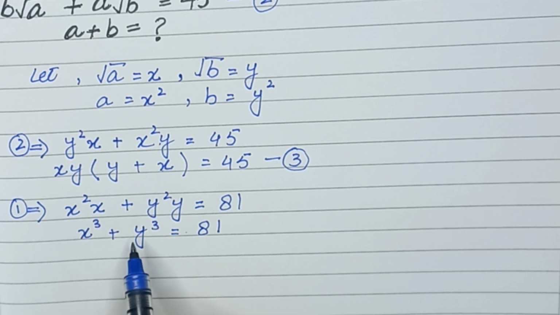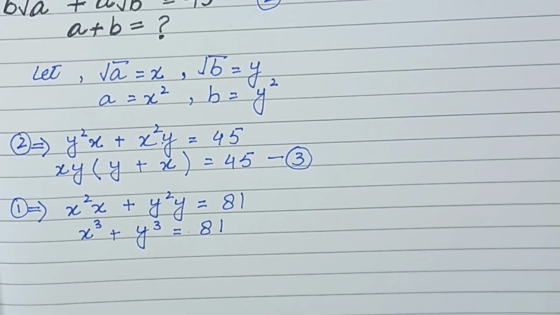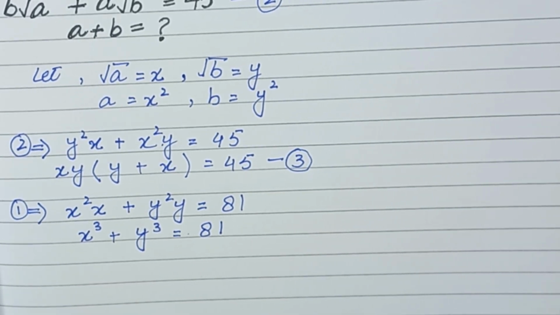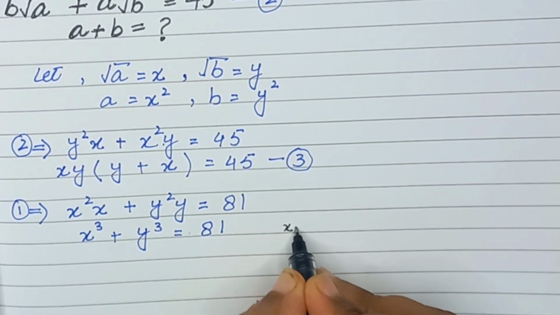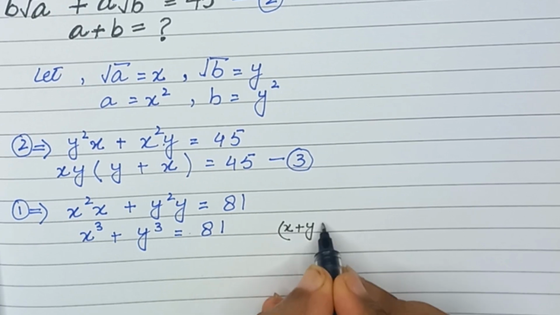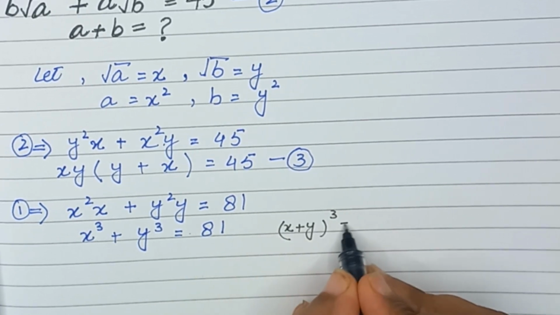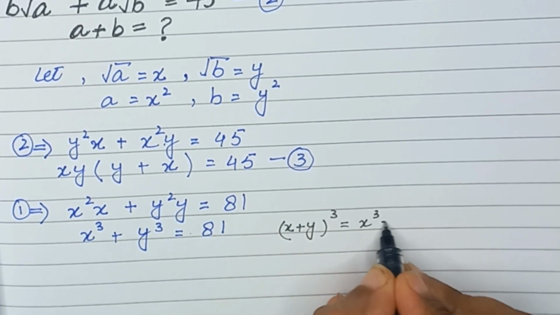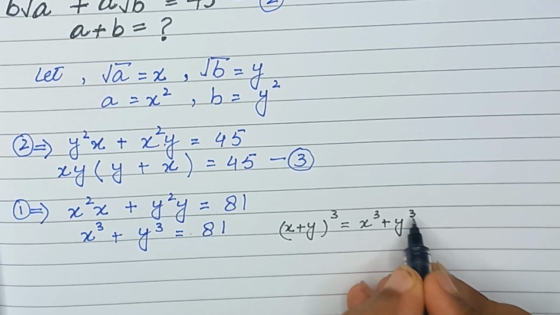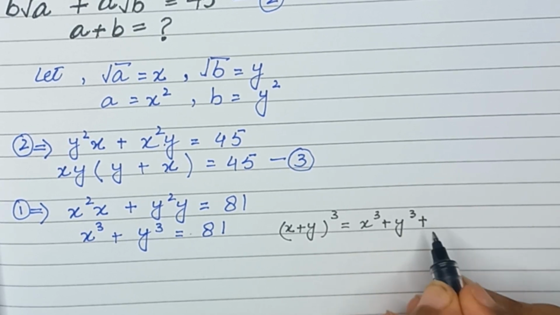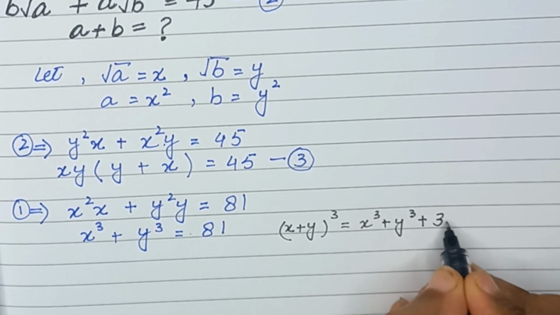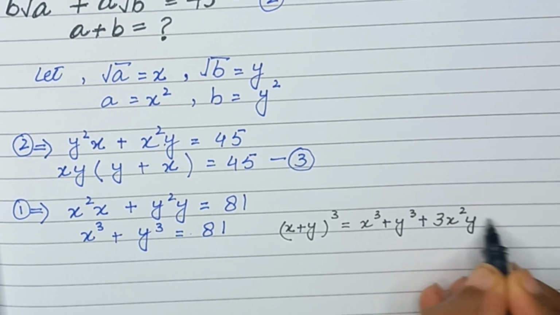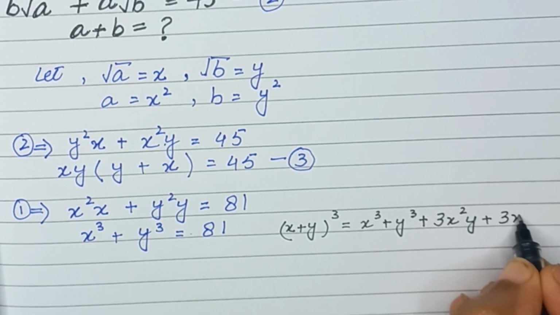Now we will use here the perfect cube formula, which is x plus y whole cube is equal to x cube plus y cube plus 3x square y plus 3xy square.